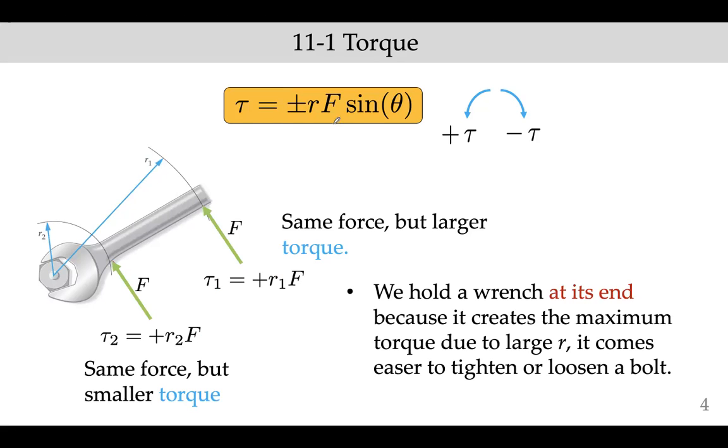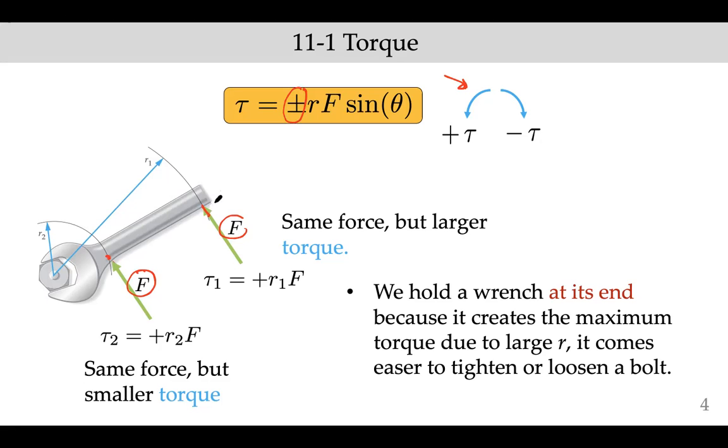Okay, so again, this is the formula and this is the convention. If it's clockwise, the torque becomes negative. If it's counterclockwise, the torque becomes positive. Here I put positive or negative, so you have to determine if it's positive or negative with respect to this convention. So if we have a wrench like this, let's say we can apply by our hand force F. You have two options. You can apply it here at the distance R1, or you can apply it here at the distance R2.